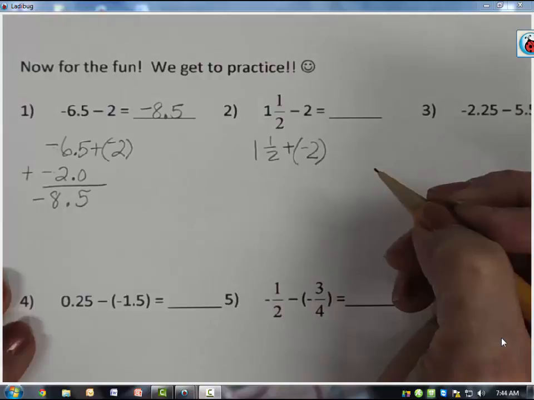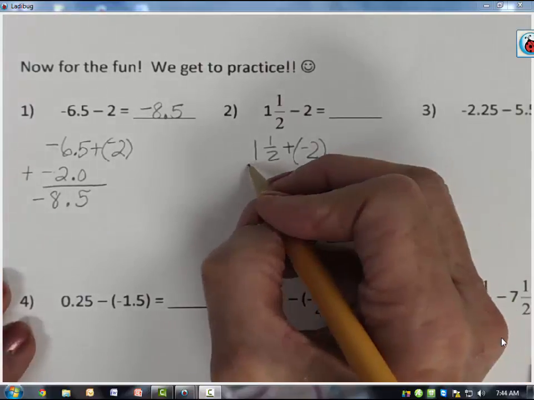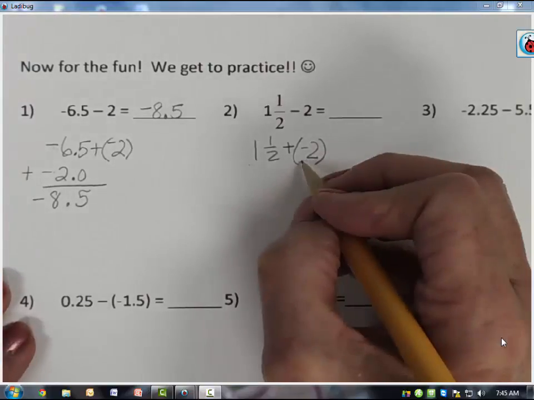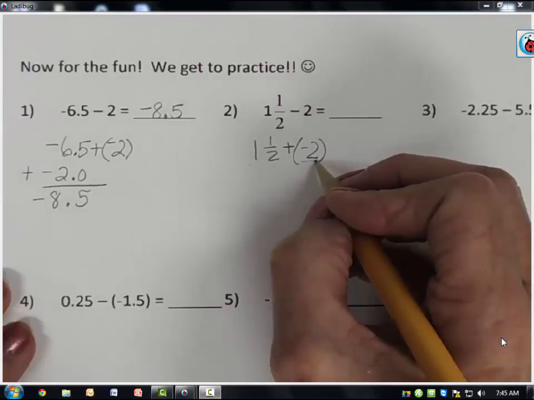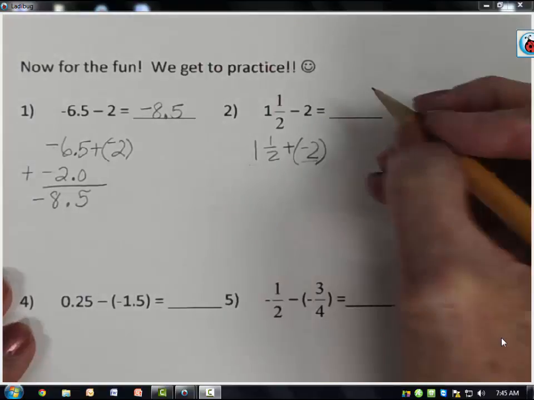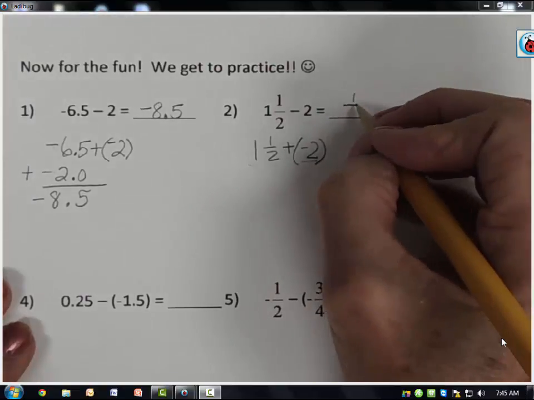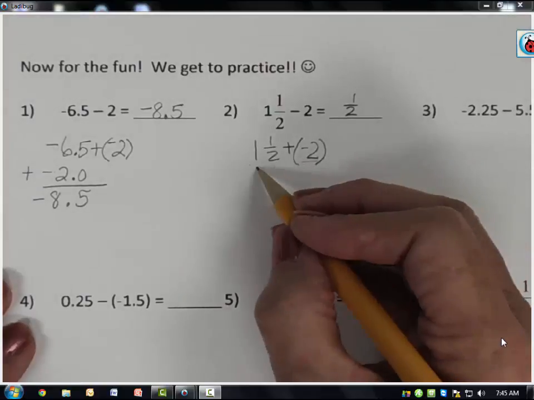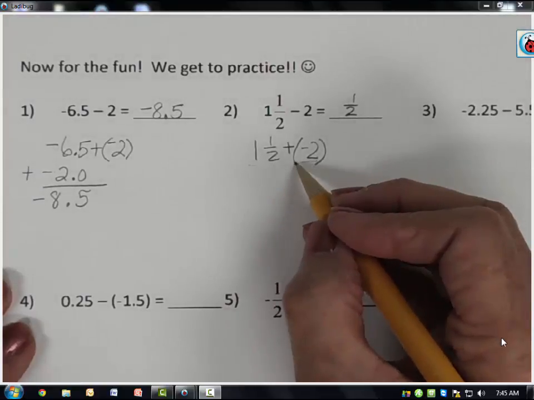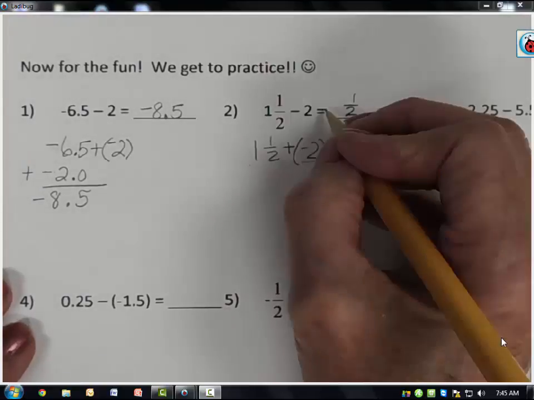So if we're adding positive 1.5 plus negative 2, those are different signs, so we actually have to subtract. So what is 2 minus 1.5? That's right, it is 1/2. Which is bigger, the 1.5 or the 2? The 2 is, so we've got a negative 1/2.